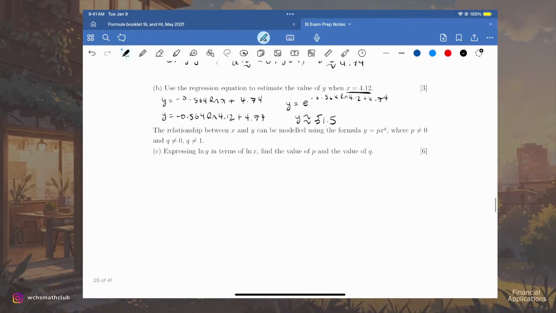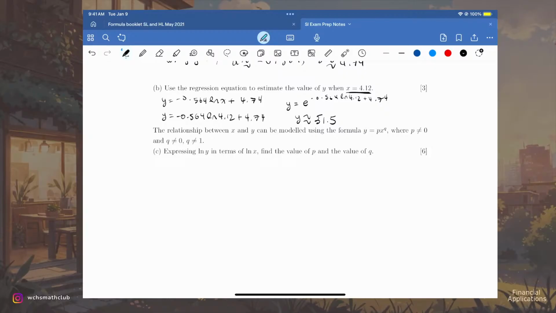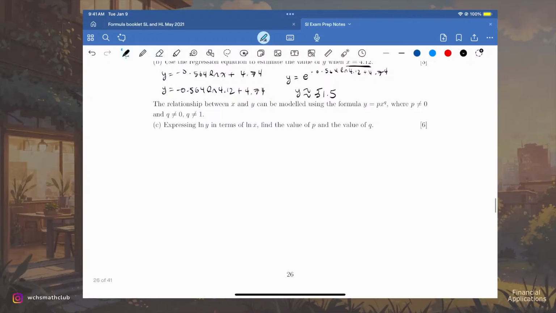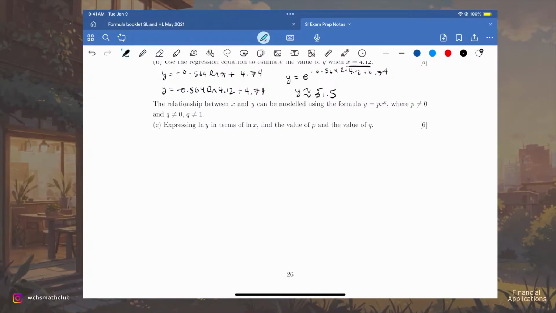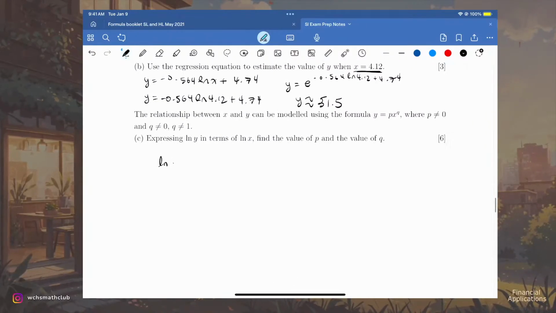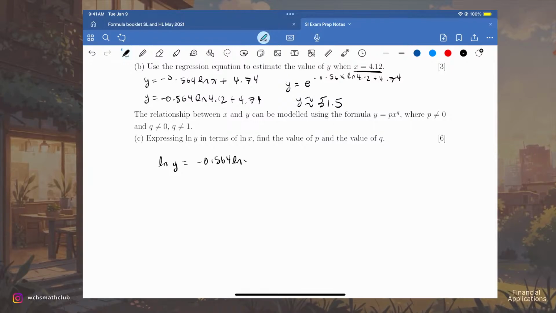And then for part C of this question, the relationship between x and y can be modeled using the formula y equals p times x to the power of q, where p isn't 0, q isn't 0, and q is also not equal to 1. The question asks to express ln y in terms of ln x and find the value of p and the value of q. So first, let's start with the equation that we already know, which is ln y equals negative 0.564 ln x plus 4.74.